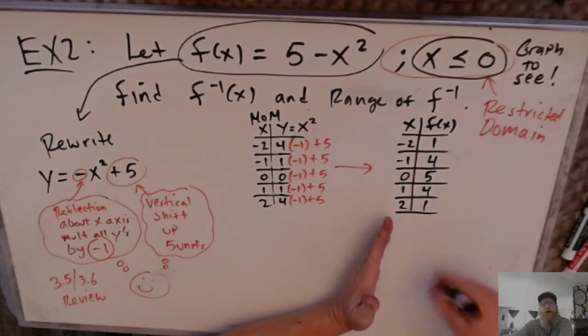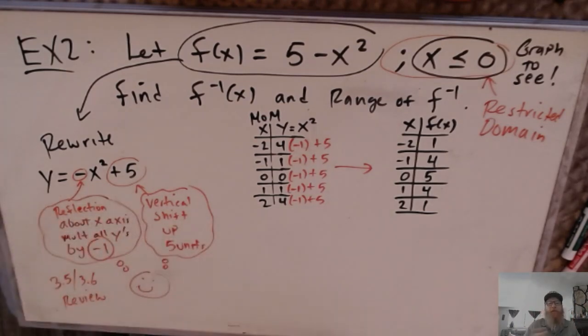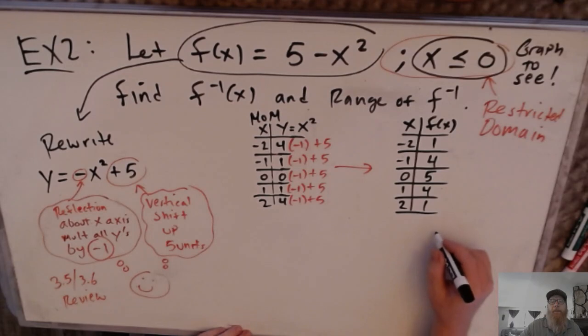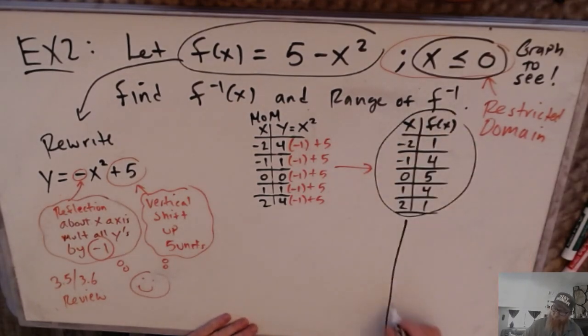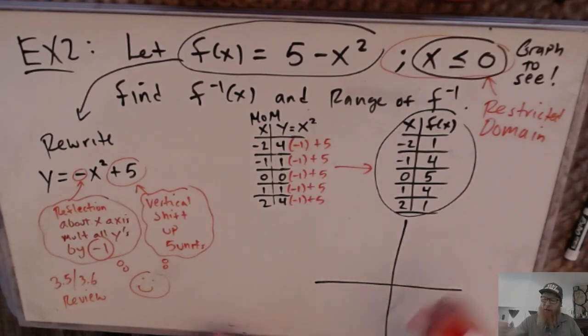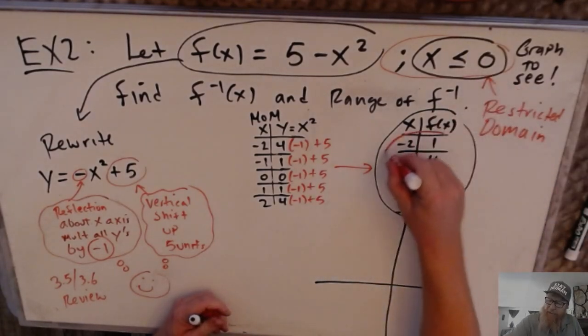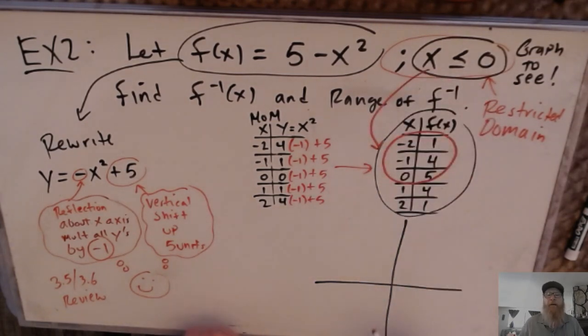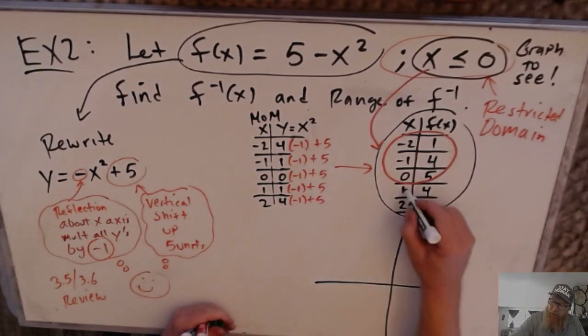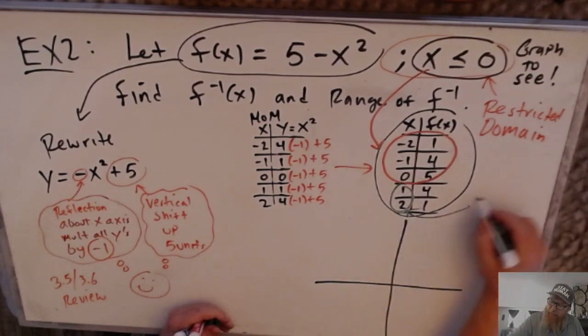All right, so I'm going to draw a graph over here, and then I'll come back over here and finish the problem, okay? So this is what we're actually graphing. And we're restricting our domain to be x is less than or equal to 0. Yeah. So these points are not in the domain.